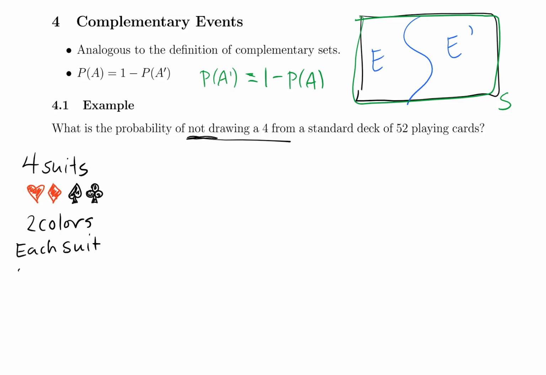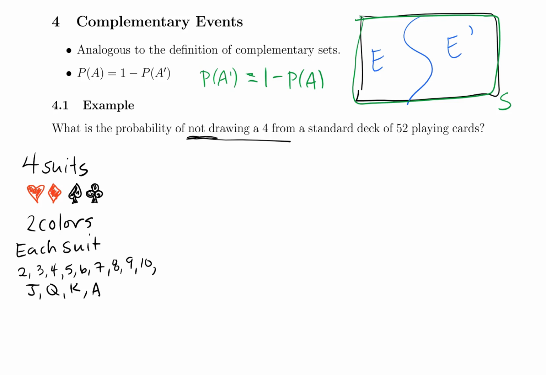And the cards go 2, 3, 4, 5, 6, 7, 8, 9, 10. And then once you hit 10, you get the face cards. Those are the jacks, the queens, and the kings. And at the very end, we have the ace. Technically it's not a face card, it doesn't have a face on it, but it is a powerful card, so we sort of group them together.